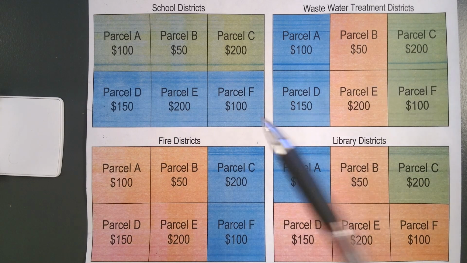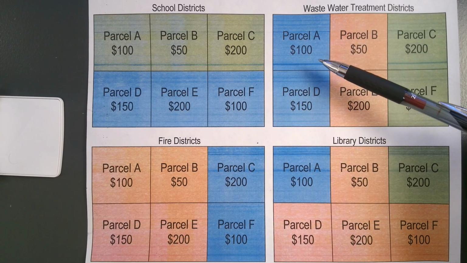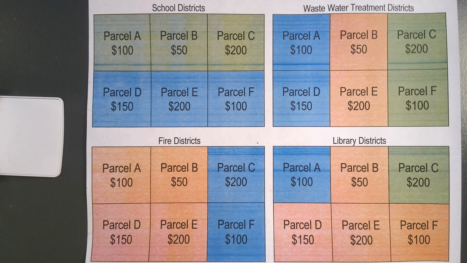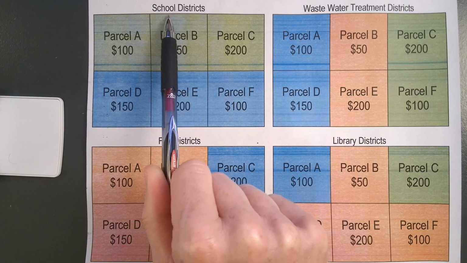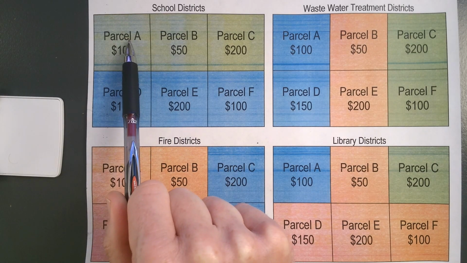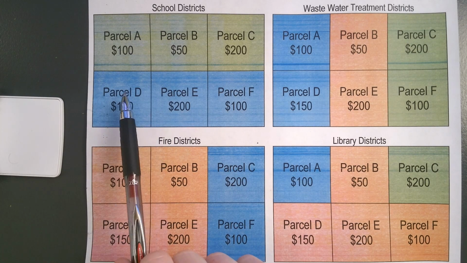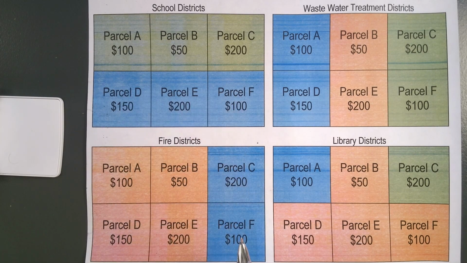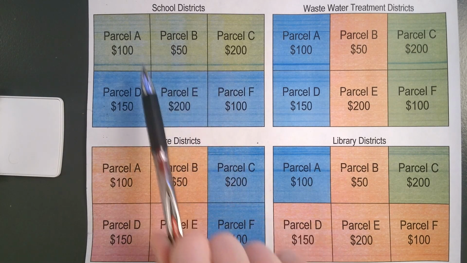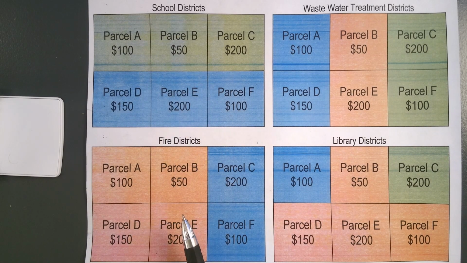You can see the districts of the various public services are actually color-coded. So for example, you have the school district. In school district 1, you have parcels A, B, and C, and in school district 2, you have parcels D, E, and F. Now, note that the school districts are different from, for example, the fire districts, where you have 2 fire districts.